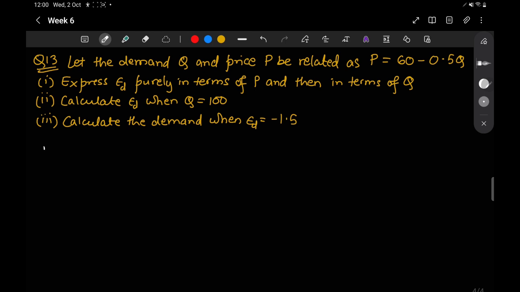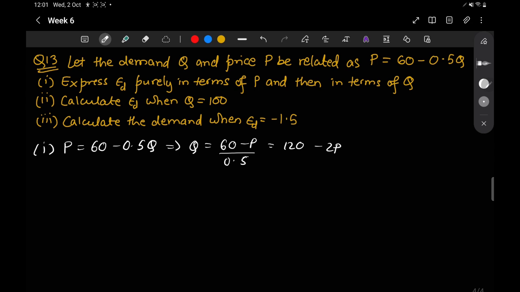Okay, so let us now discuss the solution. So we are given that P equals 60 minus 0.5 Q. So rearranging gives us Q equals 60 minus P over 0.5, which is equal to 120 minus 2P.